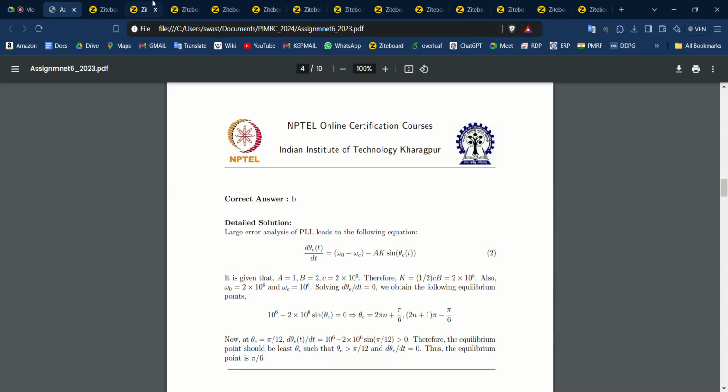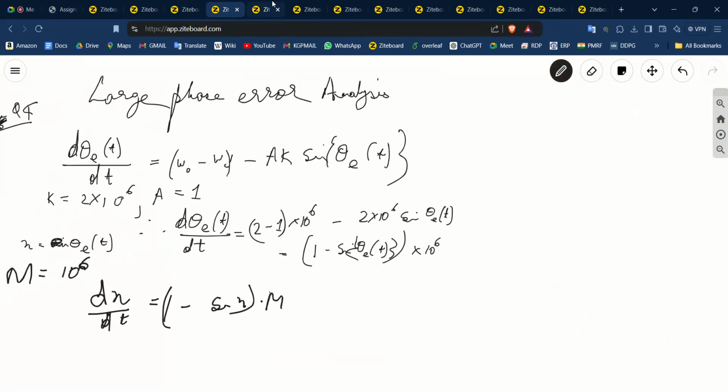Now to get equilibrium, dx/dt equal to 0.